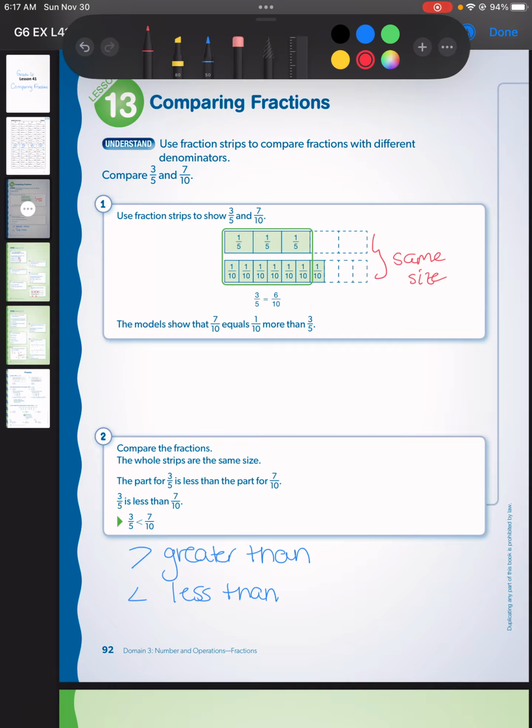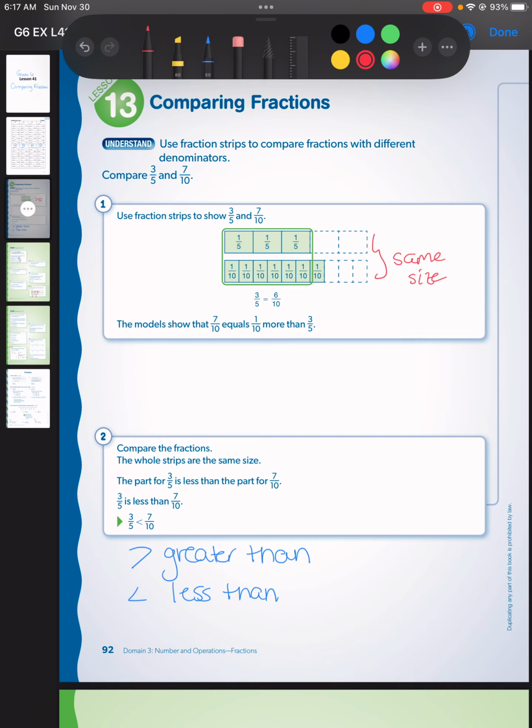Because after stacking, I have at the top 3/5 and at the bottom 7/10, and I can see that 7/10 is one more tenth than 3/5. So now it's easy for me to say that 3/5 is less than 7/10.